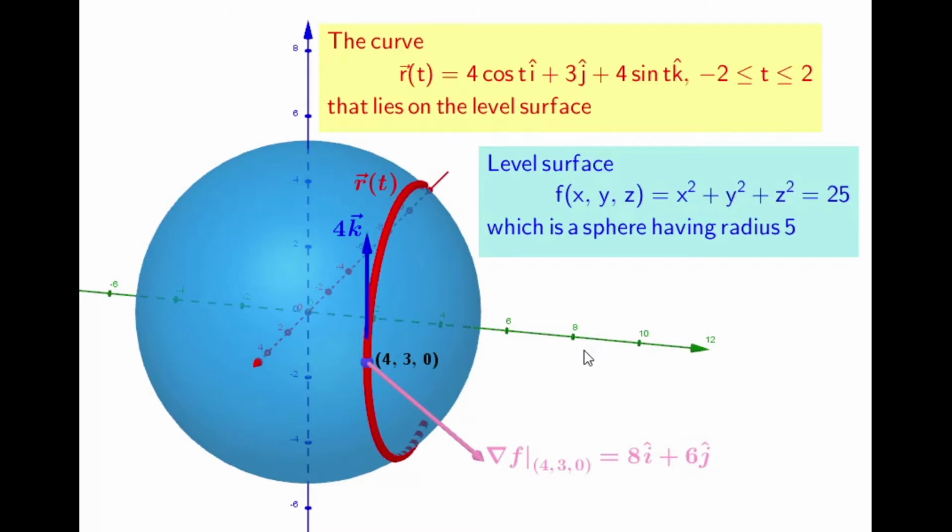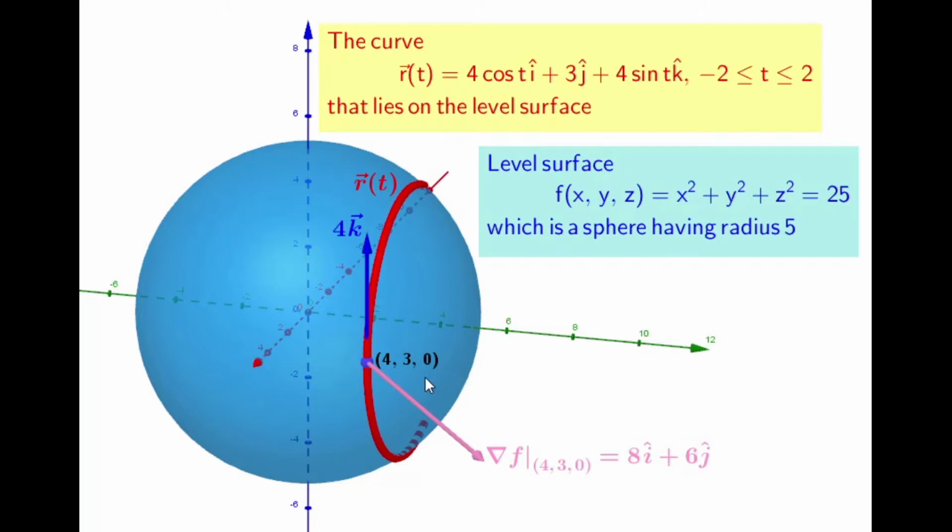Now we determine dr by dt. Dr by dt is equal to the derivative of 4 cos t i plus derivative of 3j plus derivative of 4 sin t k, where we find the derivative with respect to t. So that dr by dt is equal to -4 sin t i plus 0j plus 4 cos t k.